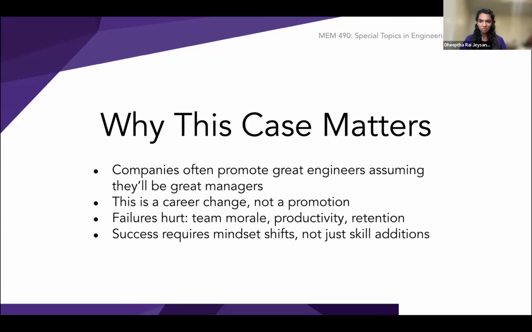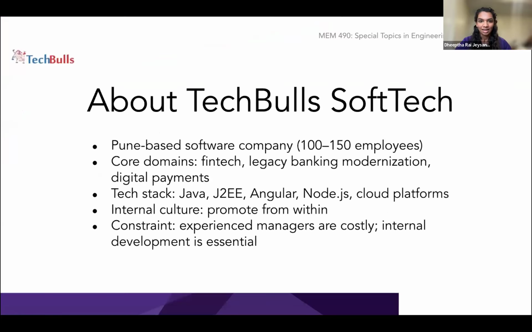So it should not just be seen as a promotion, but as a whole journey jump altogether. When you're an engineer, your failure is just yours. But when you're a manager, you're responsible for the whole team. And that's a huge mindset shift, which is what we're trying to capture with this case.